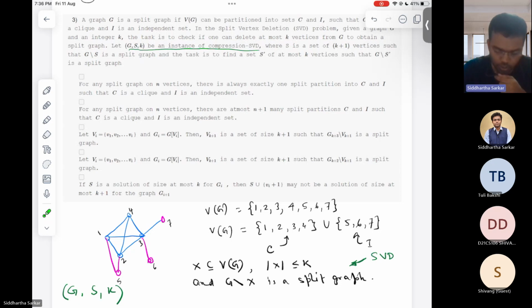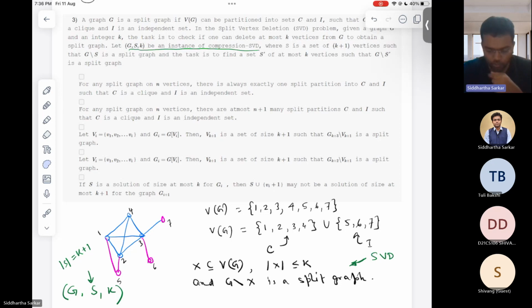But unfortunately, the size of S is slightly more than our target. In fact, it is equal to K plus 1. So we have a split graph, but to obtain that split graph, we are deleting K plus 1 vertices, but that is not what we want.